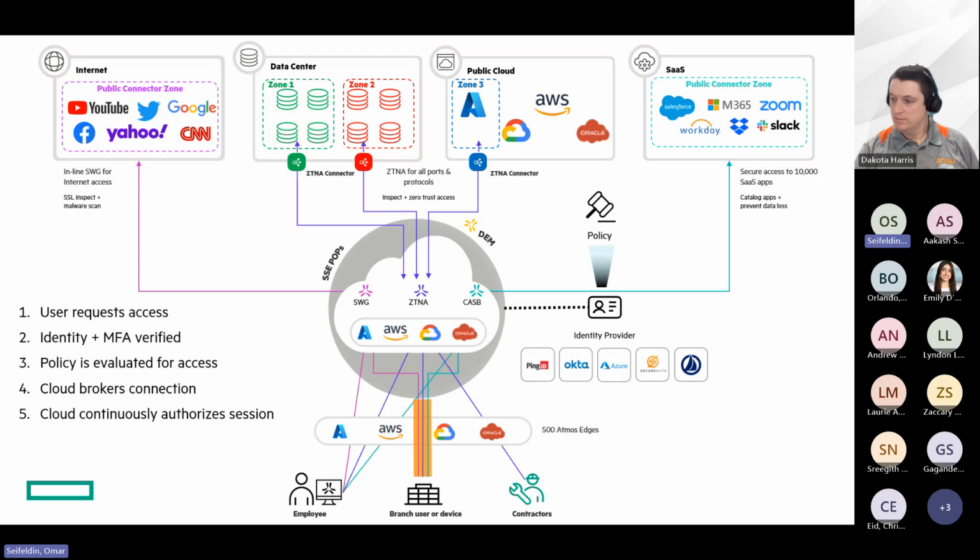What are the ZTNA connector requirements, and would you need to install this on-prem? Yeah, you need to install the connector on-prem. The requirements, I can find them in the documentation.